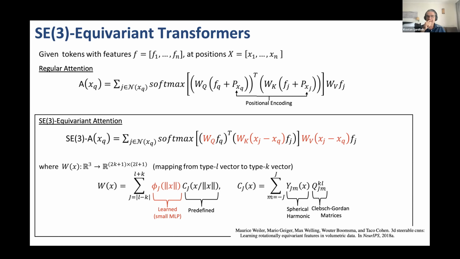For example, AlphaFold, one of the biggest successes of deep learning, is based on an equivariant transformer on protein structure prediction. And if you have problems where you have a combinatorial explosion of the augmentation, like here on the scenes, the same is in the transformer.